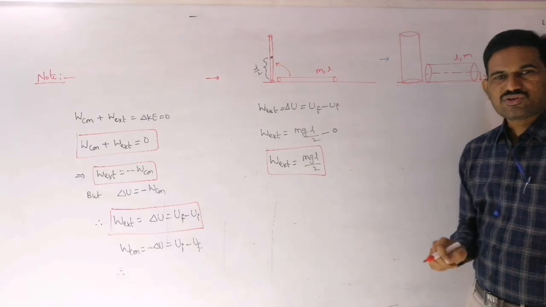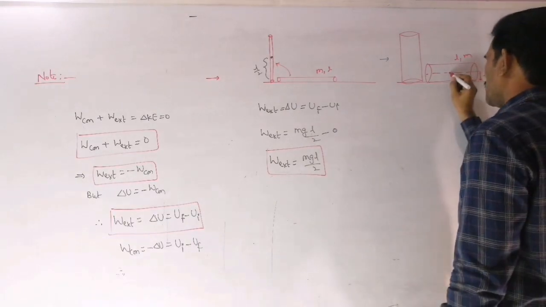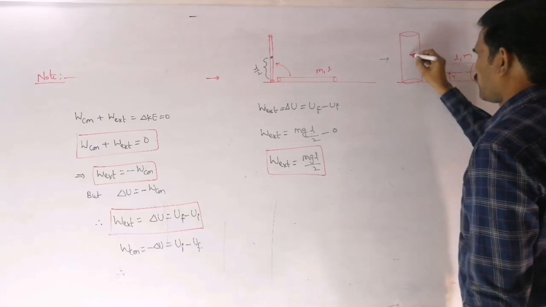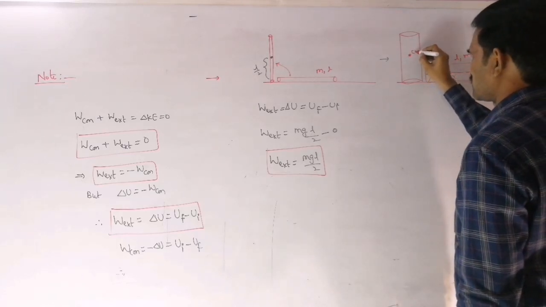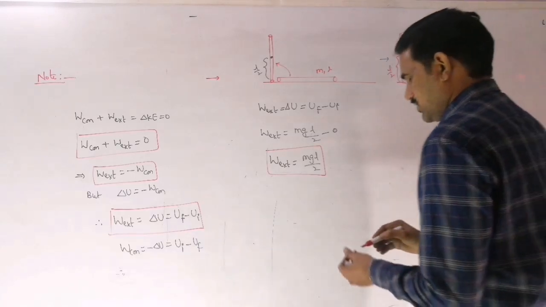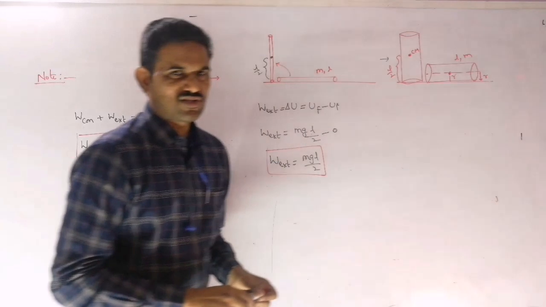Then initially you need to take the potential energy too. Initially the center is at a height of r. Finally the center of mass will be at a distance of L by 2. Let us see the change in potential energy.